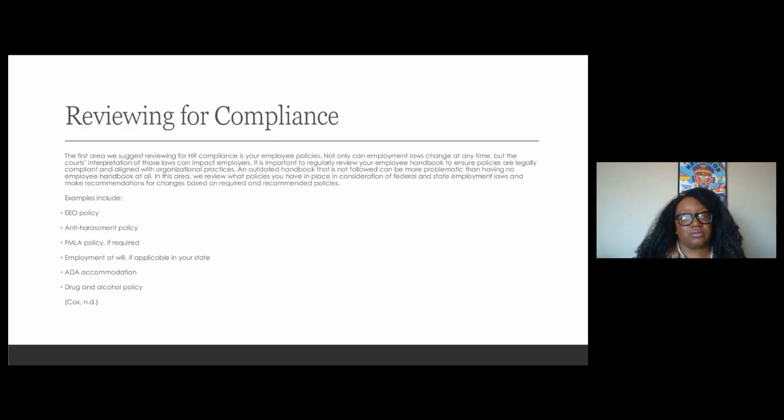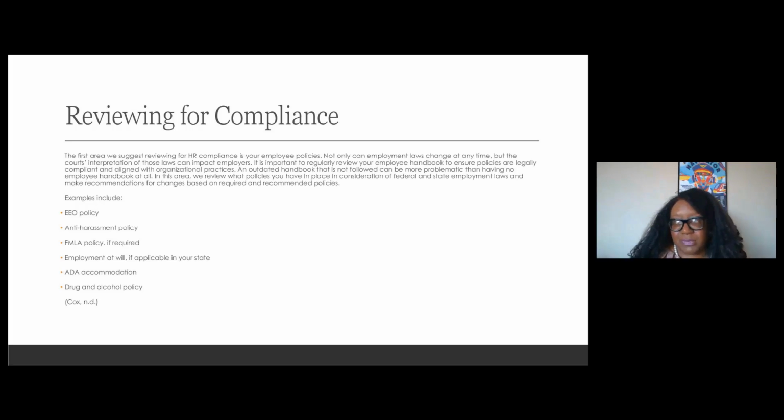Let's see here. So when we talk about reviewing for compliance, remember we talked about there are different methods for project management, right? So when we have flexibility and we're thinking about implementing our own processes and procedures, we can use a much more flexible approach to managing our equitable hiring practices. We can take that agile approach.